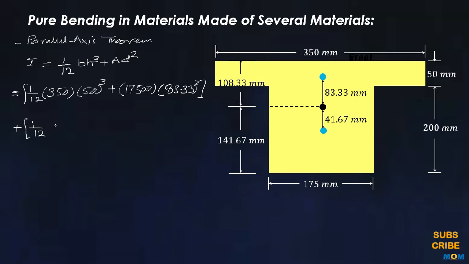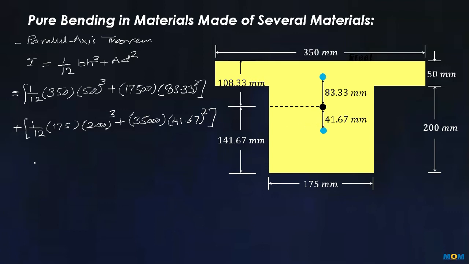plus for the second rectangle, 1 over 12, width is 175 millimeter, height is 200 millimeter cube, plus area, that is 35,000 millimeter square, multiplied with D, that is 41.67 square.